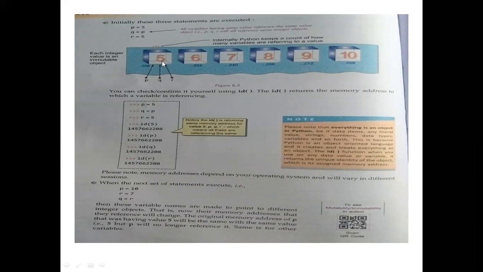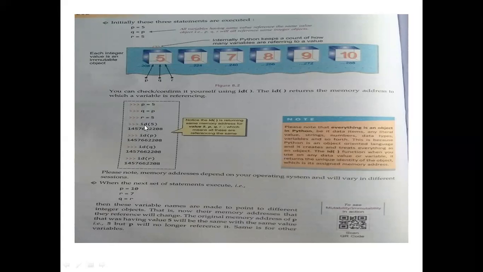So the values are stored in separate memory locations in the system, and each memory location has some address. How can we check this? I want to know the address of 5. There is a function called id.